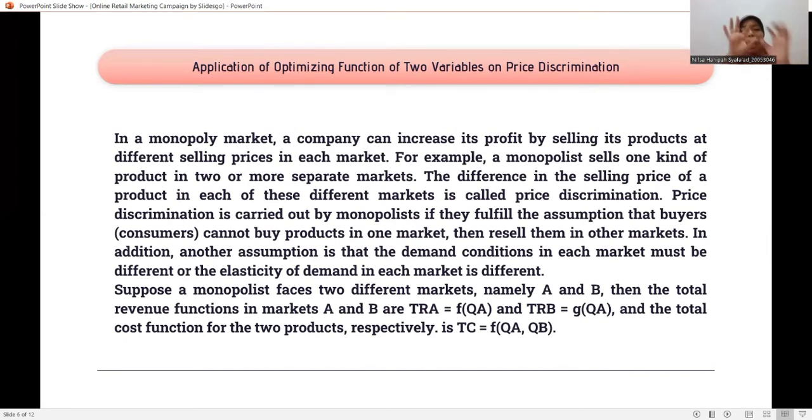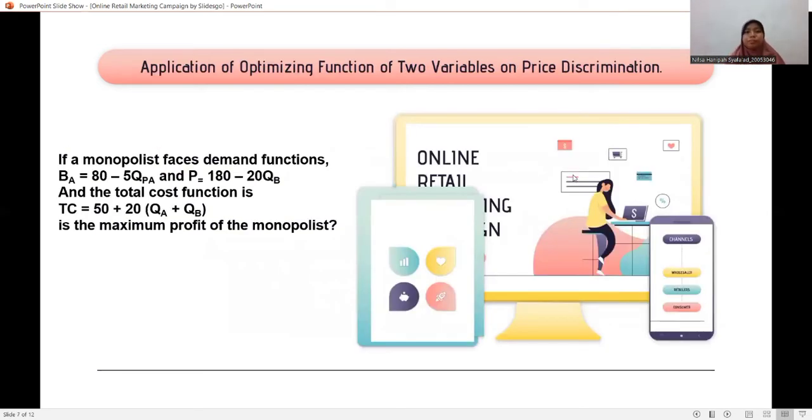Suppose a monopolist faces two different markets, namely A and B. Then the total revenue functions for markets A and B are TRA equals f(QA) and TRB equals g(QB), and the total cost function for the two products is TC equals f(QA, QB). Okay, let's learn from an example question.